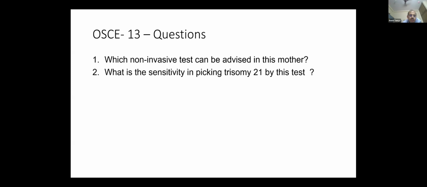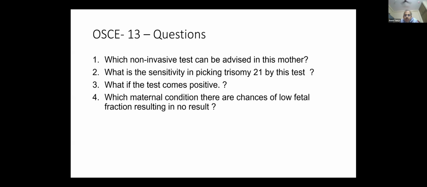So the questions are, what non-invasive test can be advised in this mother, and what is the sensitivity in picking up trisomy 21? And if this test comes positive, what next? And are there any maternal conditions that can cause low fetal fraction? So a false negative report we may get in some cases.